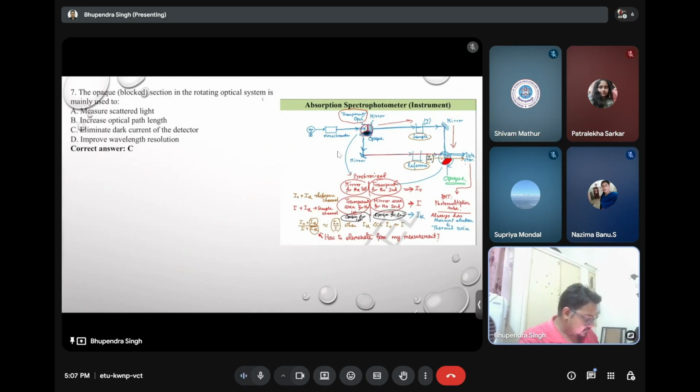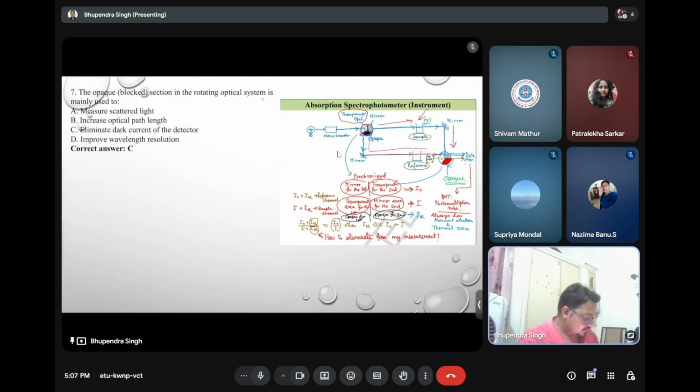In that case, your disk will be a mirror. This is a mirror for the first one, which means it will be reflected, and transmitted for the second one, then it will detect, okay, this is your sample.